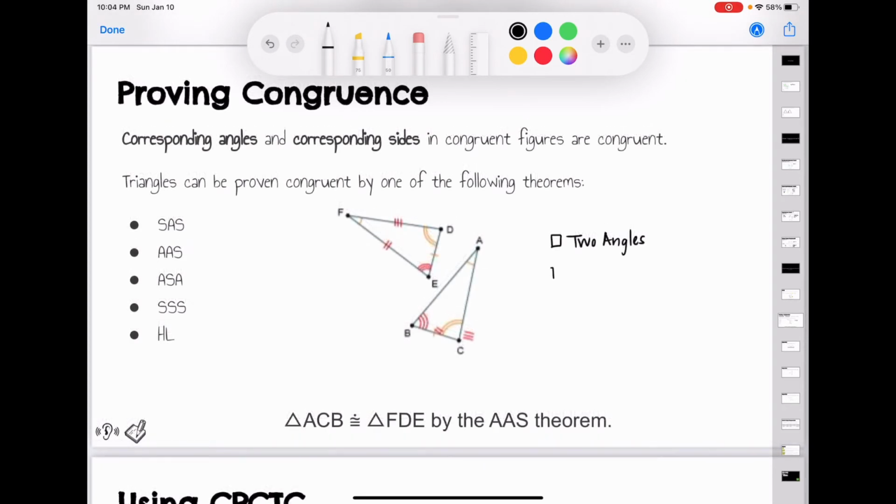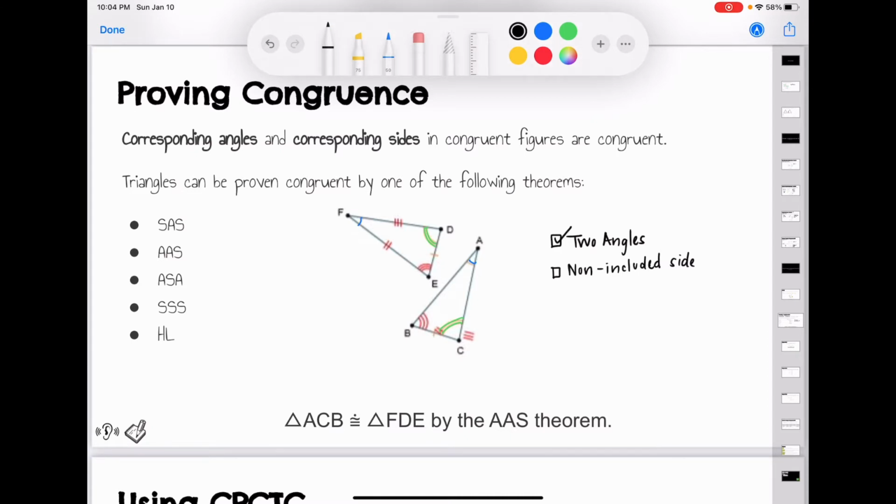And I also must prove that a non-included side is congruent, which I saw before. If these two triangles are congruent, then all their corresponding parts are congruent. So I can choose any two angles. For example, I'll use F, A, D, and C. So I have two angles which are congruent. And then their non-included side must be congruent.